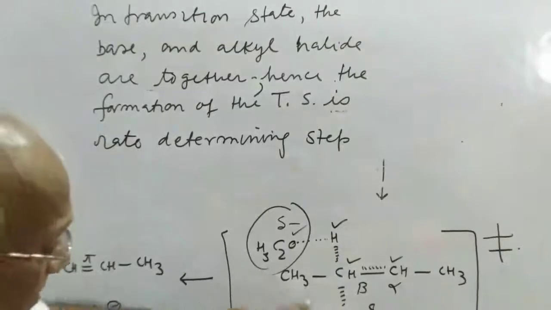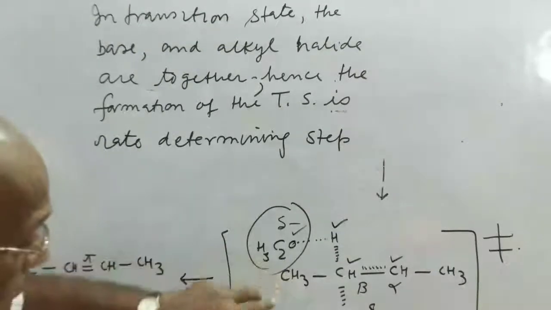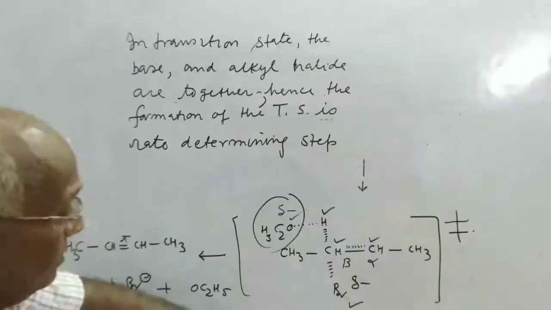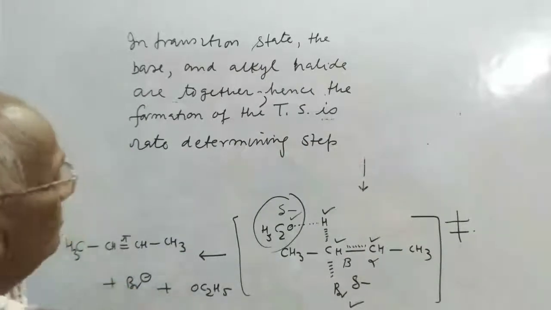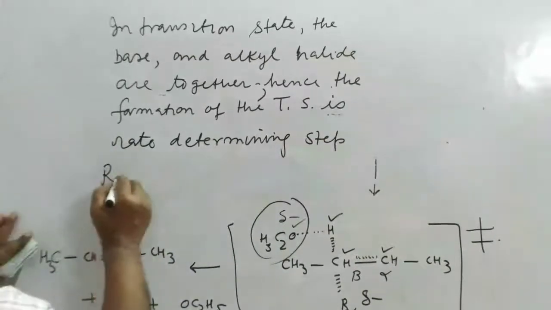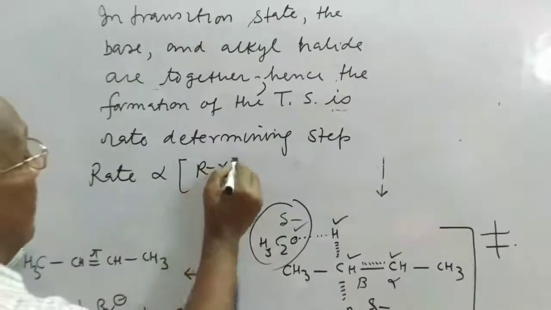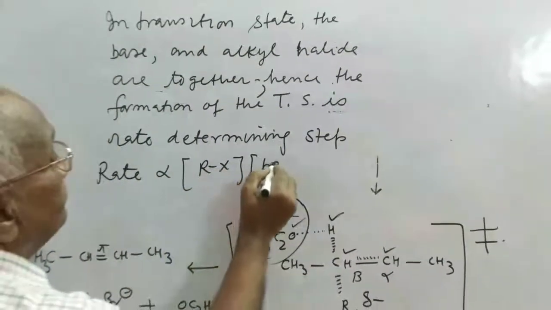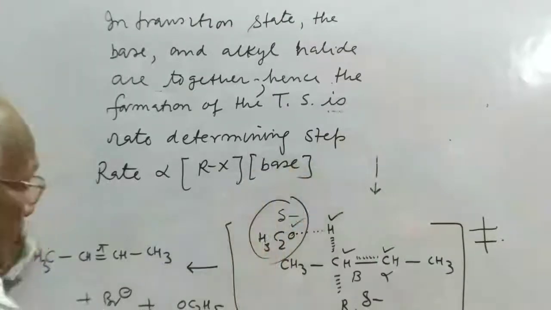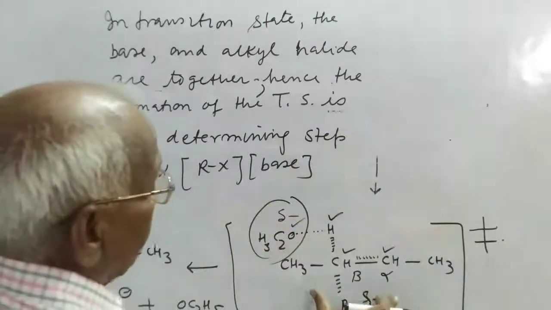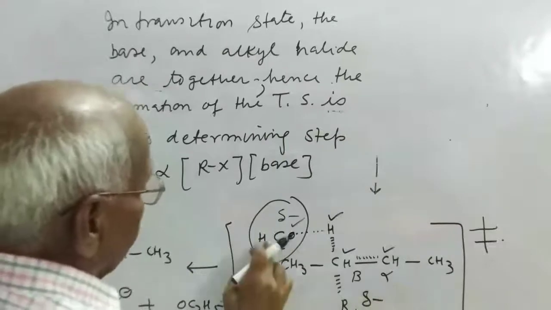Both base and the alkyl halide are bonded together in the transition state, and the transition state is the rate determining step, hence rate is proportional to the concentration of RX and the base. RX means in general this is RX and this is the base.